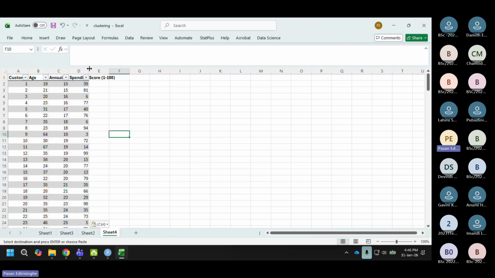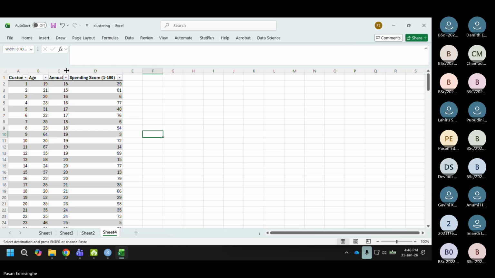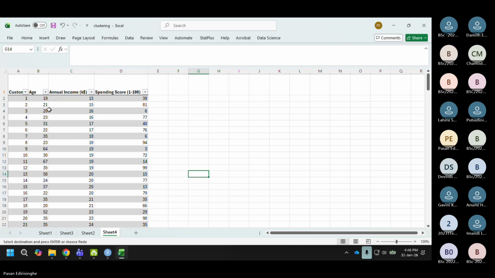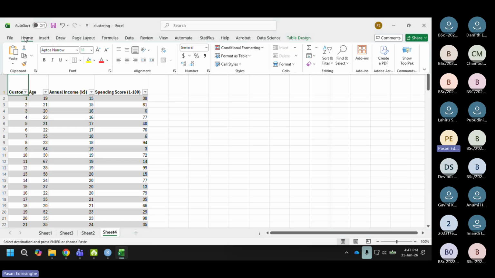So I can put them here like that. Now one thing I like to do is that once you put them there, I like to label it as a table. So we can go to the Home tab here. And of course now we have to select that data set and then format as a table.